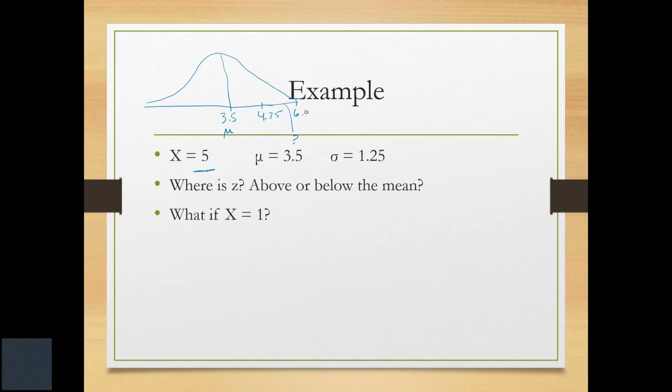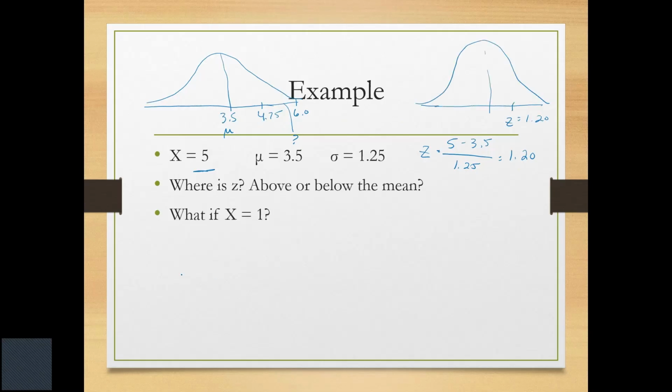It's going to be above the mean because 5 is greater than 3.5. And so here our z is equal to (5 minus 3.5) divided by 1.25, which is 1.2. Okay, so that's our z over here somewhere. So in z terms, our z here is 1.20.